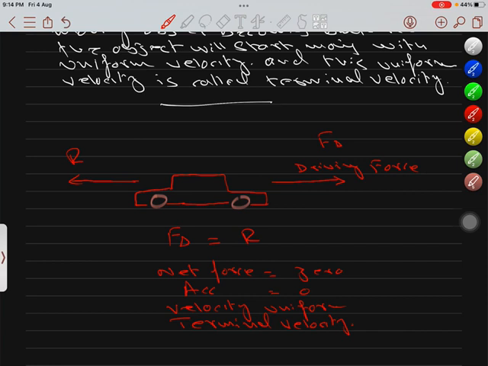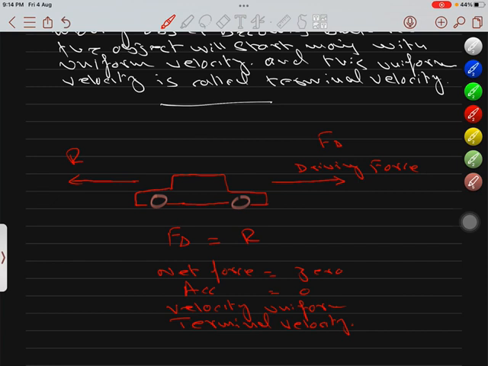And that is the reason that if you press the accelerator, the car will initially speed up, but after some time, although you are applying the same force, the car will not speed up further, but starts to move with constant speed, because at this point the engine force and resistive forces are equal to each other.